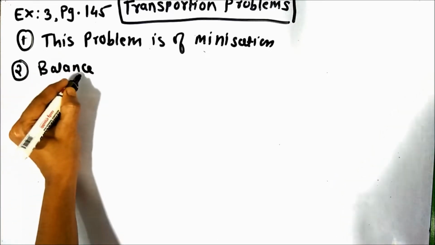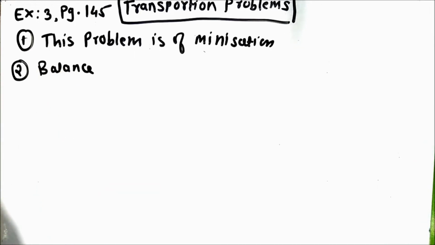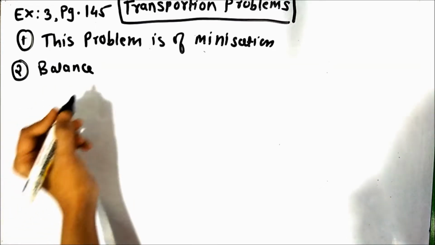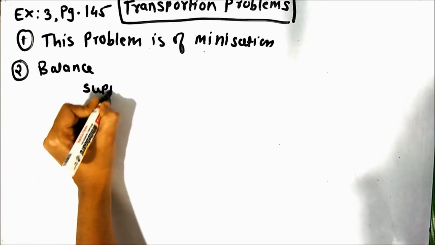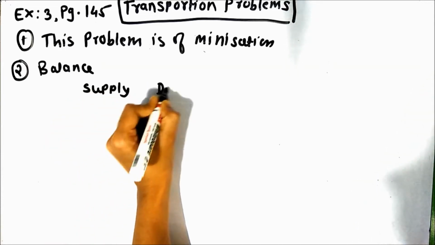Now to check balance, we have to see the supply side and demand side. In the supply, we have A, B, C, from which goods are going to be supplied, and to receive or to have the demand, we have W, X and Y. So let me write the supply side and demand side.